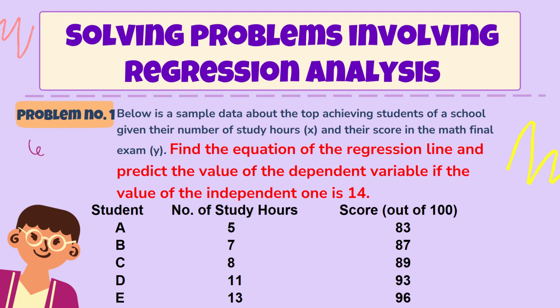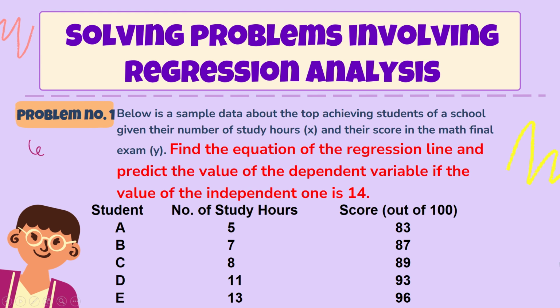As you may have observed, the data are going up: 5, 7, 8, 11, and 13. The other one is also going up: 83, 87, 89, 93, 96. Therefore, you can only use regression analysis if the two variables are both increasing, or positively correlated. So with that, we'll use regression analysis.